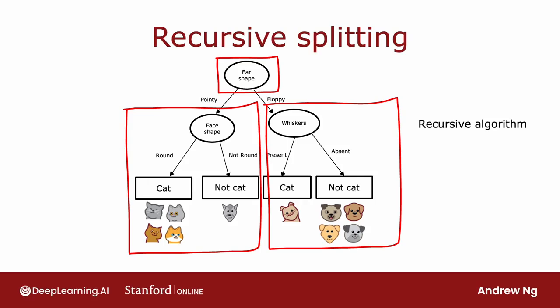And by the way, you may be wondering how to choose the maximum depth parameter. There are many different possible choices, but some of the open source libraries will have good default choices that you can use. One intuition is the larger the maximum depth, the bigger the decision tree you're willing to build. And this is a bit like fitting a higher degree polynomial or training a larger neural network.